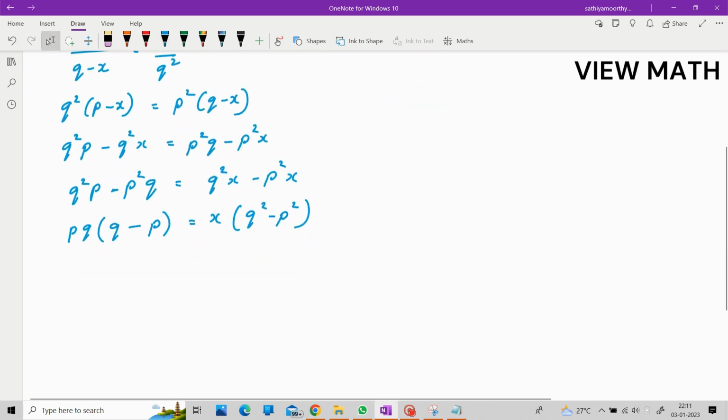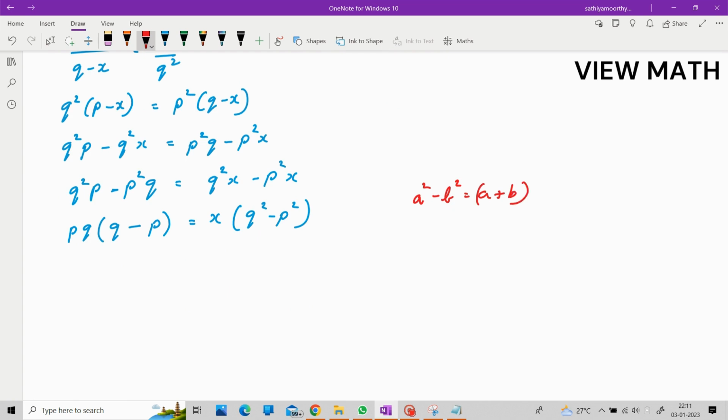Now I can use the formula a square minus b square is equal to a plus b into a minus b. So here q square minus p square, I can use this formula and expand. So I'll be getting pq into q minus p is equal to x into q square minus p square.